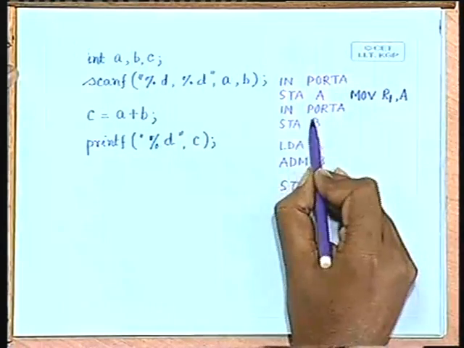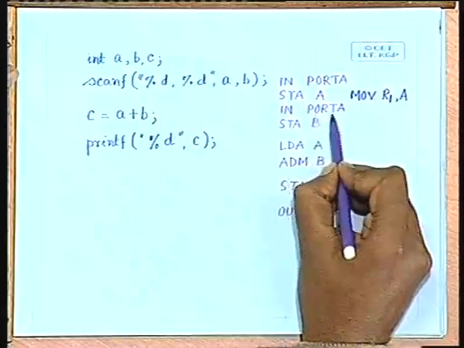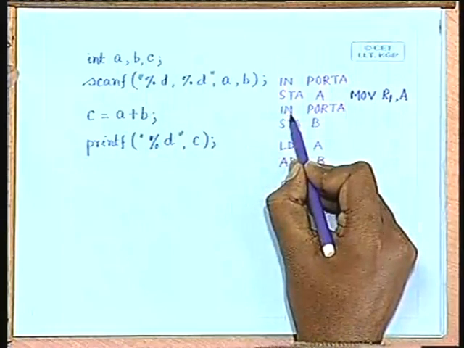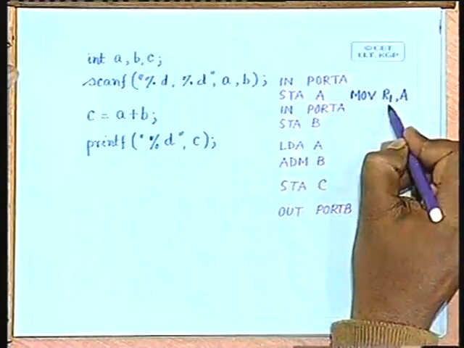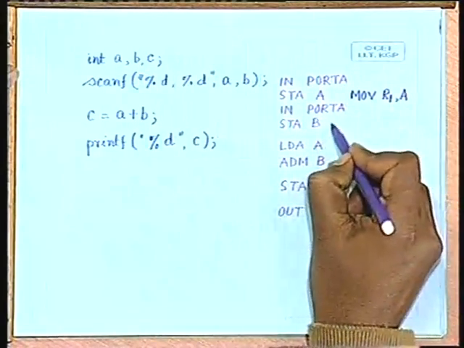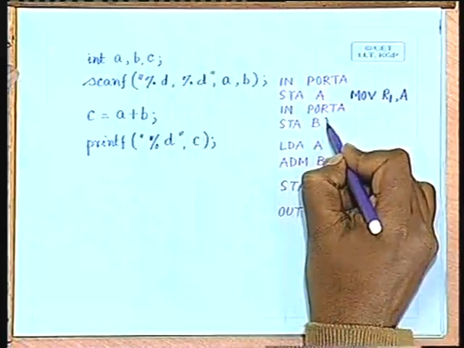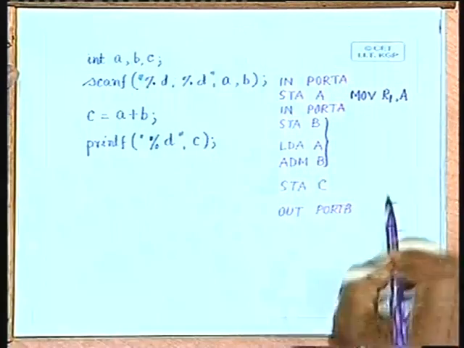Similarly, in the next case, when you are inputting the data from port A, the data goes to the accumulator, and you find that the other data is already available in register R1. So, I do not need these operations at all.